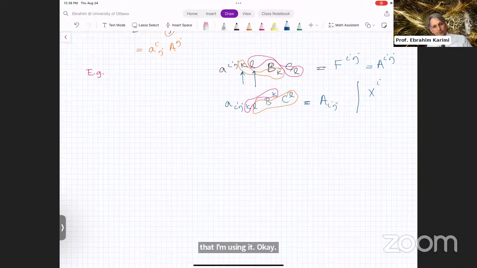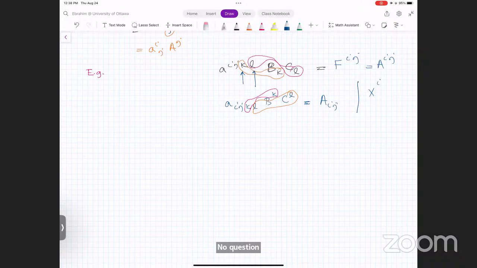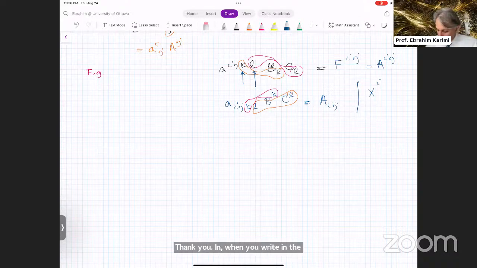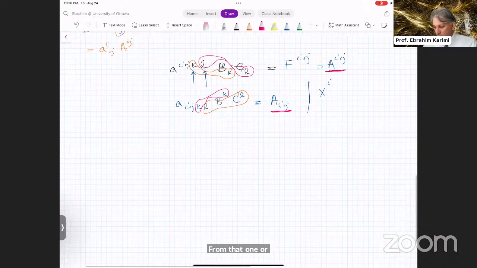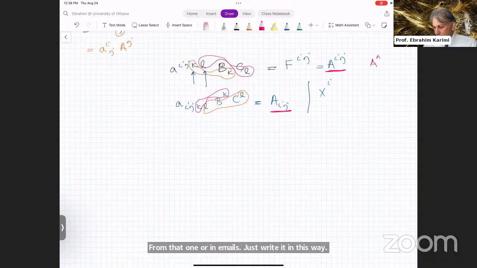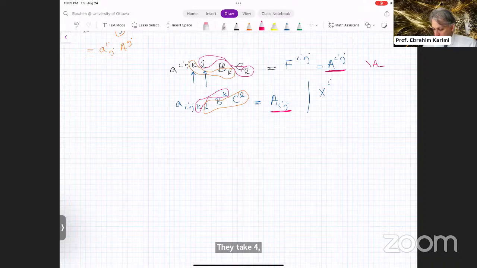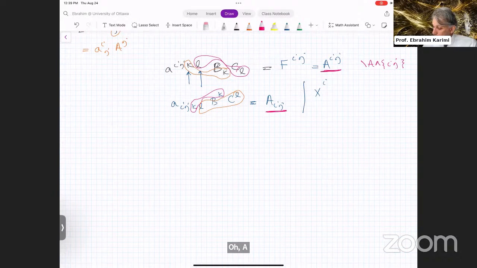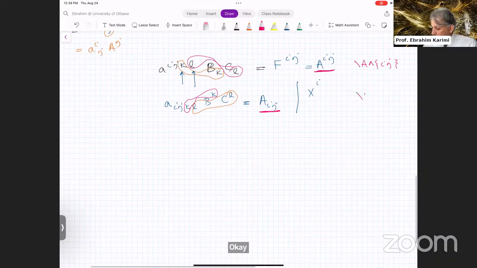No question? No, there are no more questions. When you write in the Q&A, when you want to distinguish this one from that one, or in emails, just write it in this way, like a LaTeX notation. So let me write it in LaTeX formalism: a power of ij, and that one will be a subscript ij.